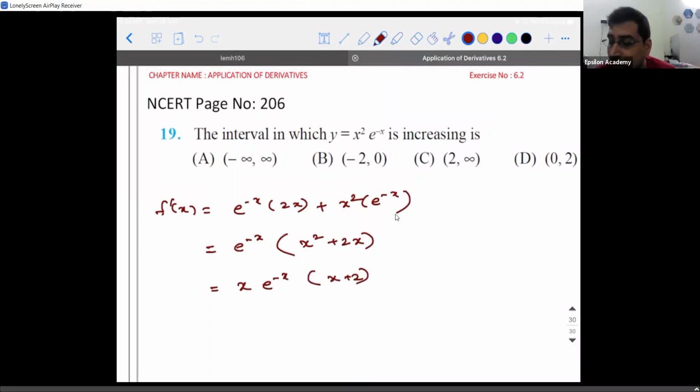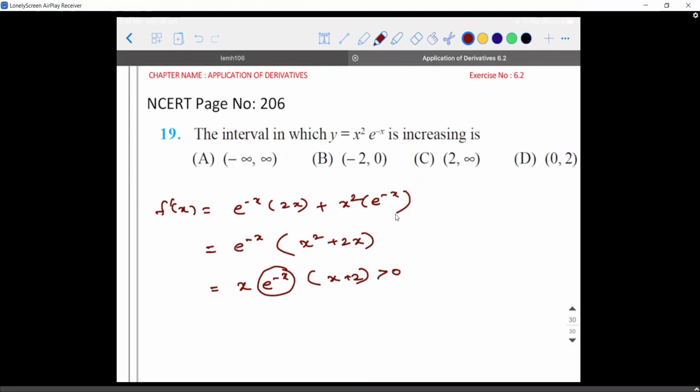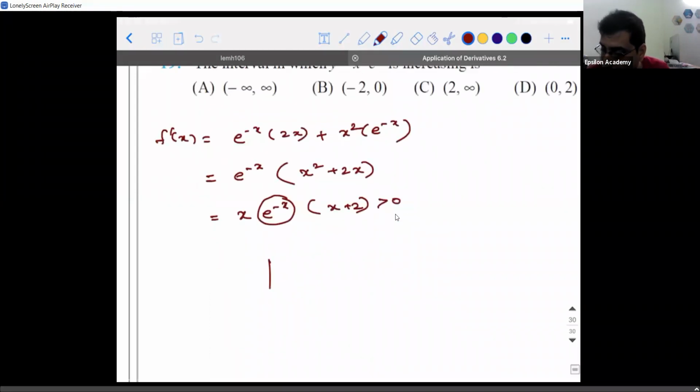Okay. They're asking the interval in which it is increasing, so it is greater than 0. Now tell me one thing. What do you know from the basics of an exponential function? I'm not talking about the derivative. If you revisit the graph of exponential function, this is e power x.